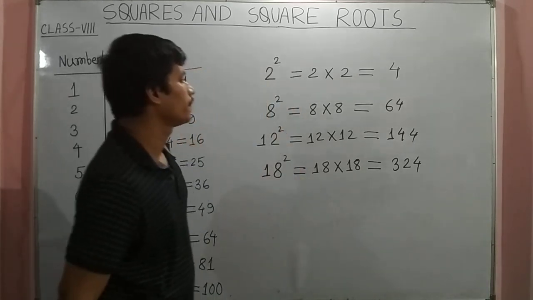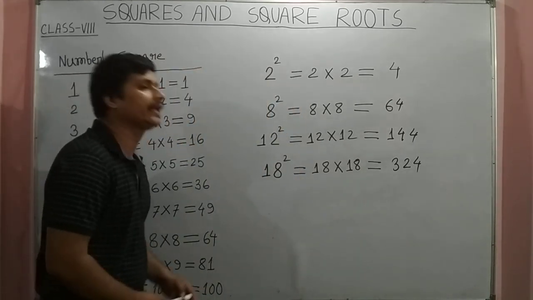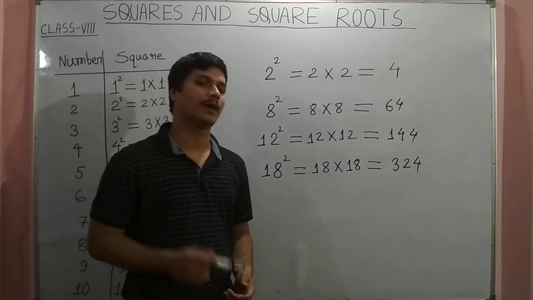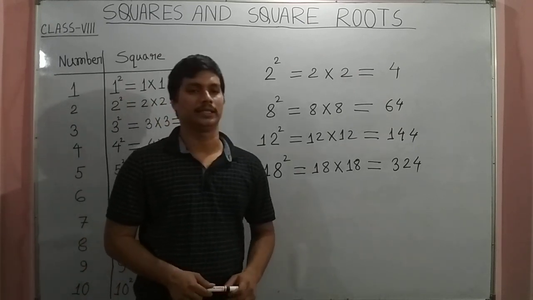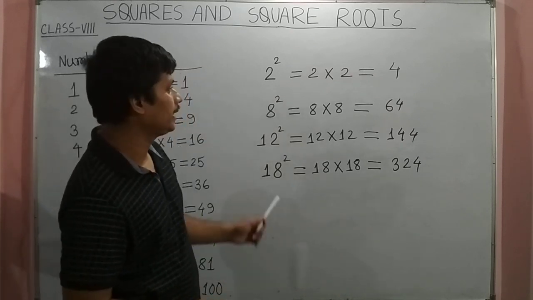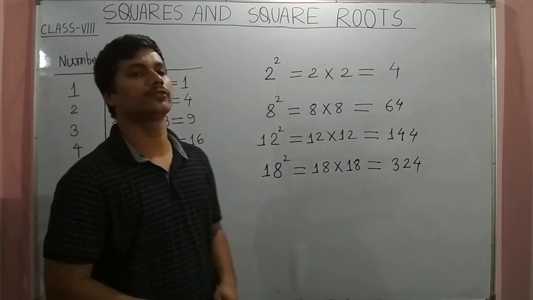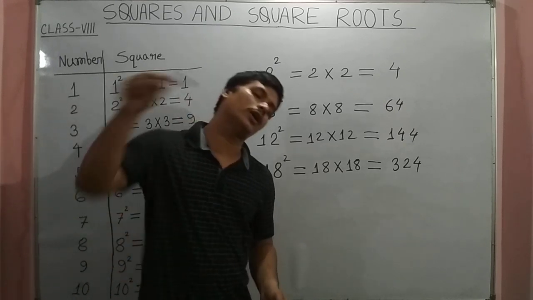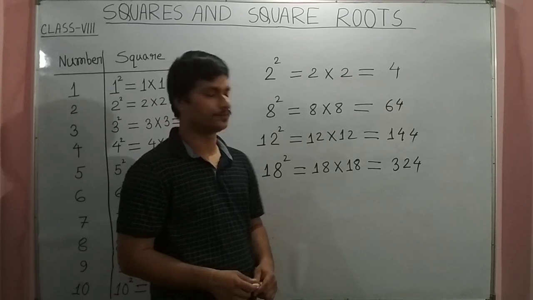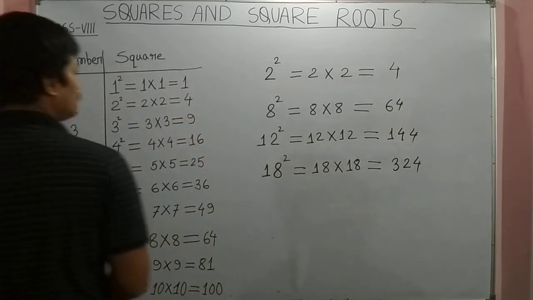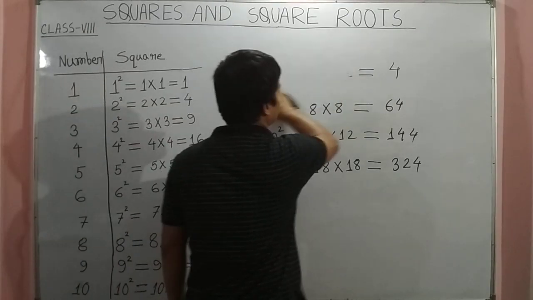So from this we can say if a number ends with 2 or 8 in its units place, then the square of this number ends with 4. Okay, students? Again, we will discuss.